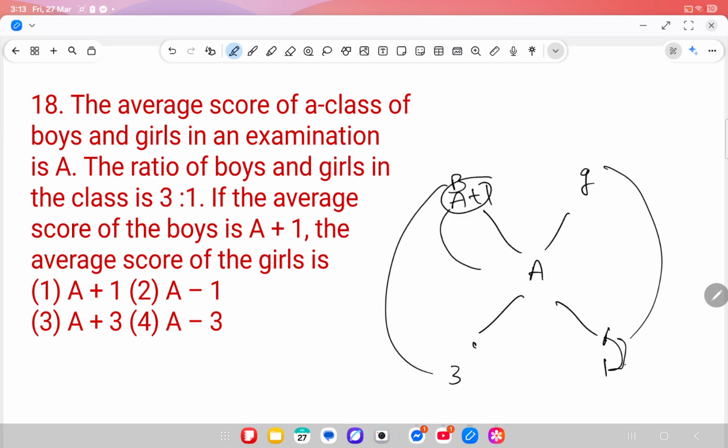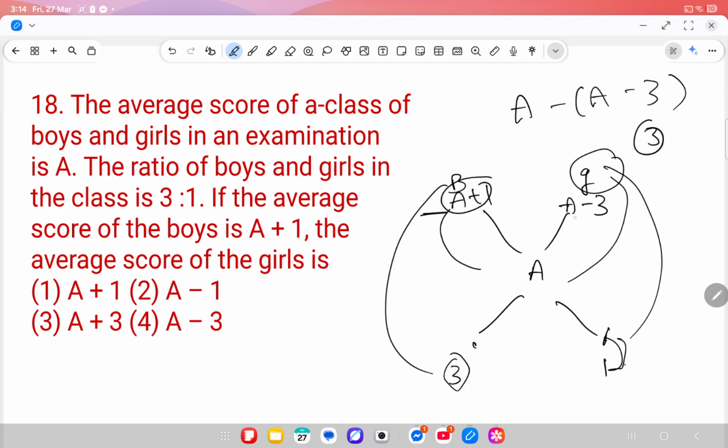Say 1 is 1, okay, directly we got it. Now this is 3, but this is bigger, meaning this should be smaller when compared to A, and we got 3 here. So the difference of both must be this number, so it is A minus 3. So the average of girls must be A minus 3. Hope you understood.